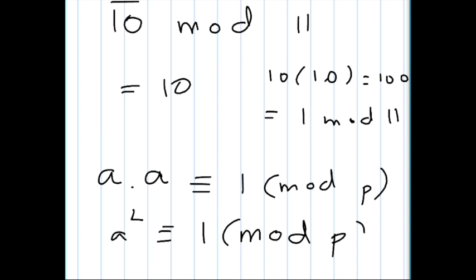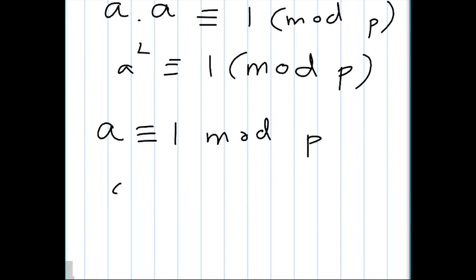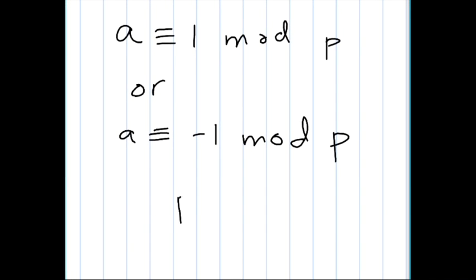Now this is exactly the lemma we proved before. So this is only true if a is 1 modulo p, or a is equal to negative 1 modulo p. And can I say negative 1 as p minus 1? Yes, because it's modulo p, I can add p to this number, and in terms of modular arithmetic, it will not change.